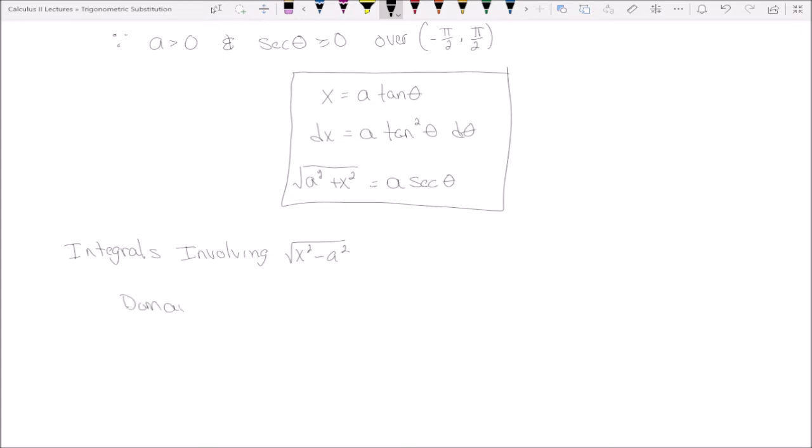Well, notice here the domain of the square root of x squared minus a squared would be everything except what's between negative a and positive a.